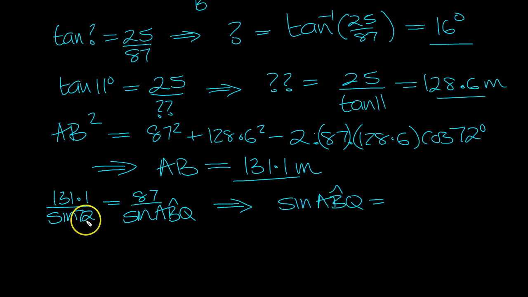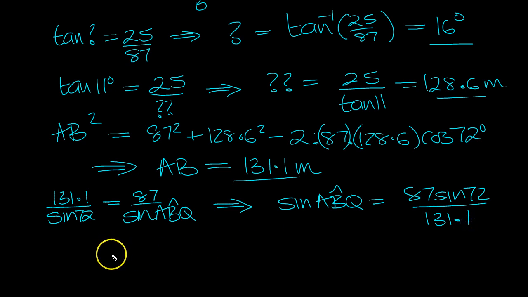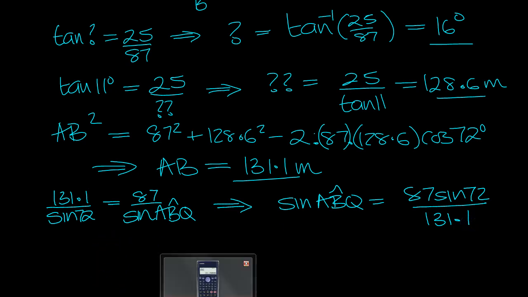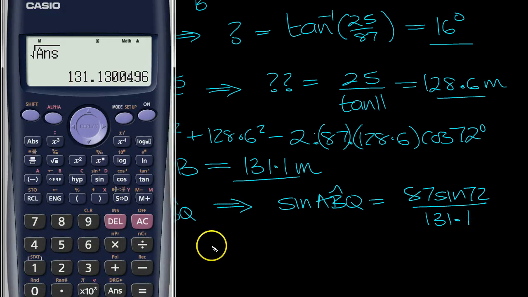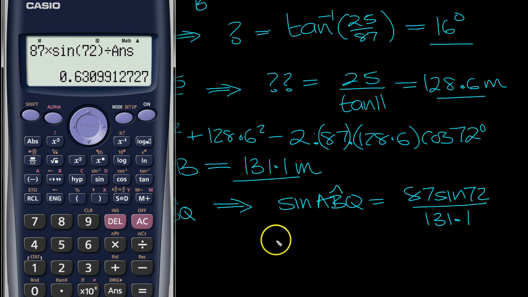It would be 87 times sine 72 over the 131.1, which is the answer in our calculator. So it's 87 times sine of 72, close bracket, divided by Ans equals.